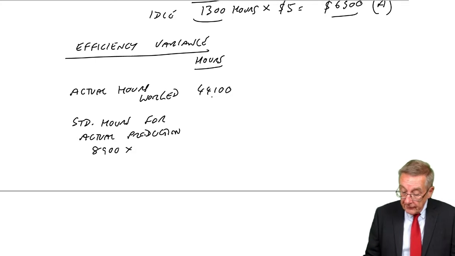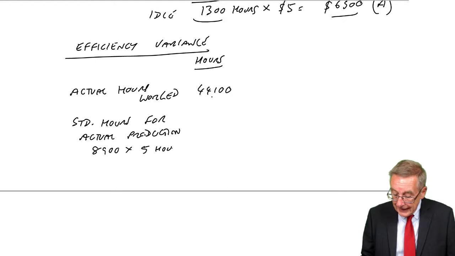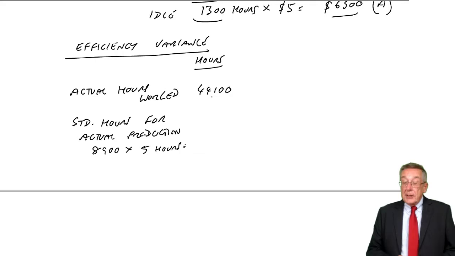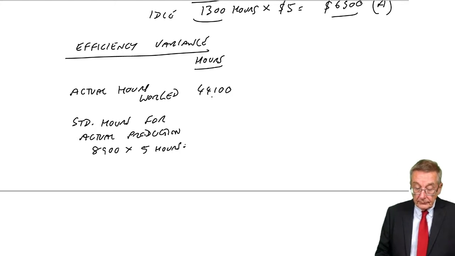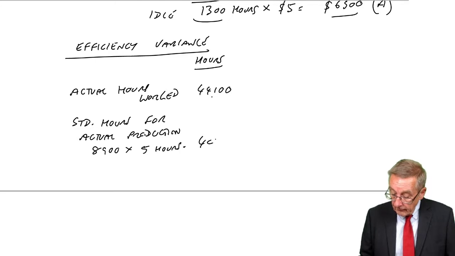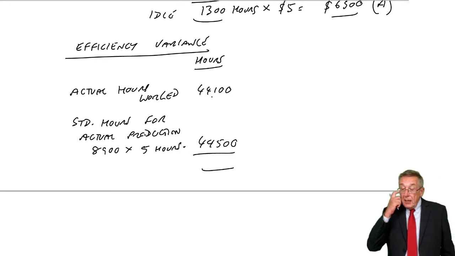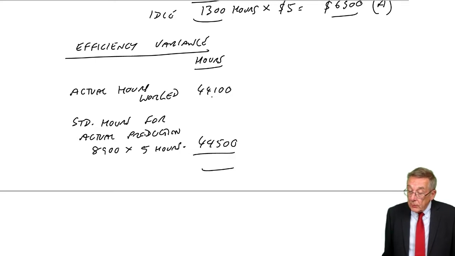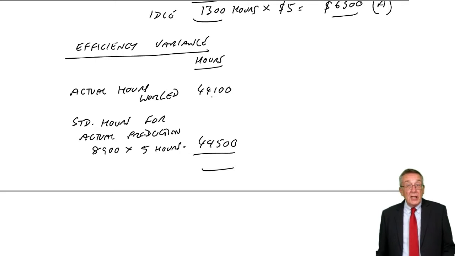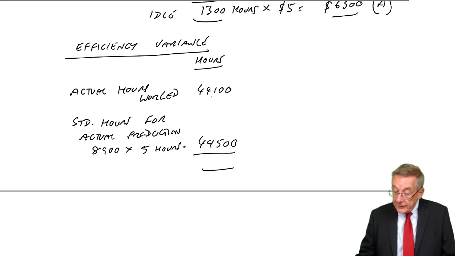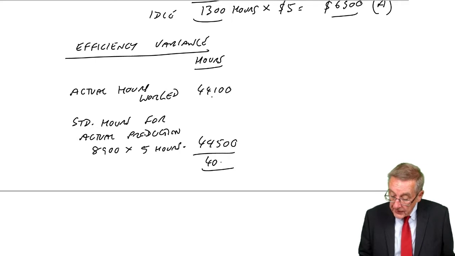From the cost card, 5 hours. And so we expected them to have worked 44,500 hours. So here they've done quite well. We've managed to work a little bit faster than we'd have expected. We saved, what is it, 400 hours.